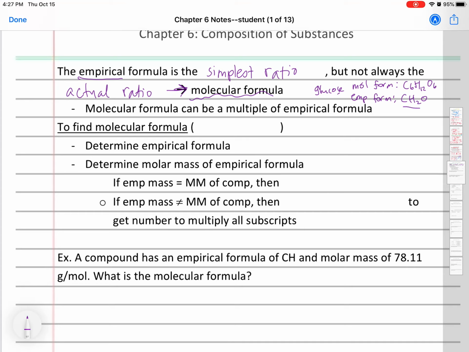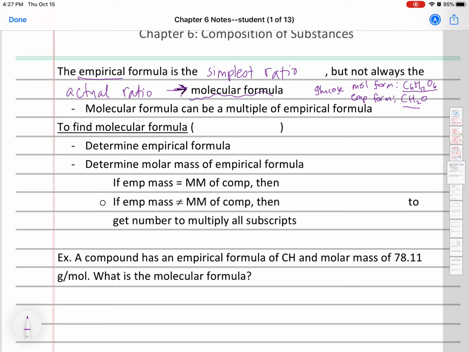So the empirical formula is a simplified version, and the molecular formula for glucose is basically 6 times the empirical formula. So we can use experimental data to figure out the empirical formula, and we can find the molecular formula if we know the molar mass.